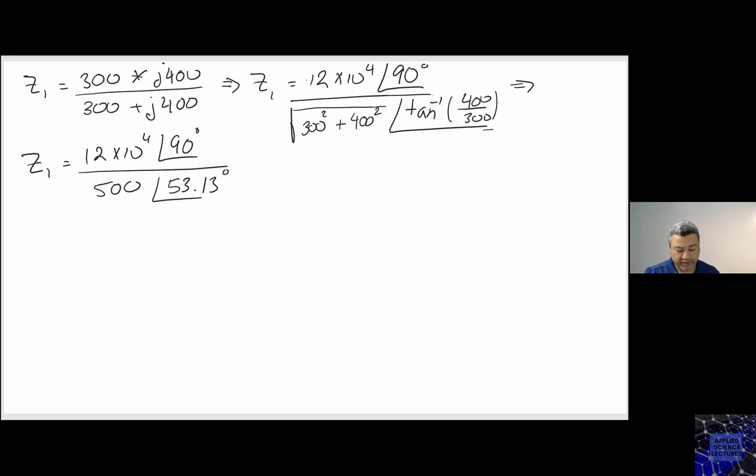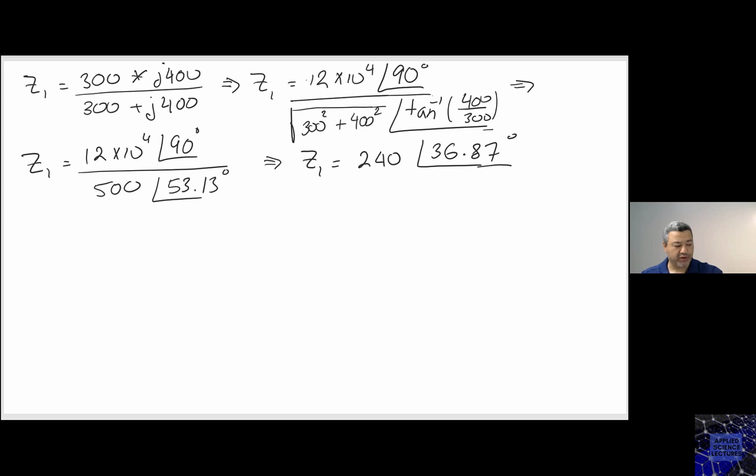Then Z1 is 240 with an angle of 90 minus 53.13, which is 36.87 degrees.